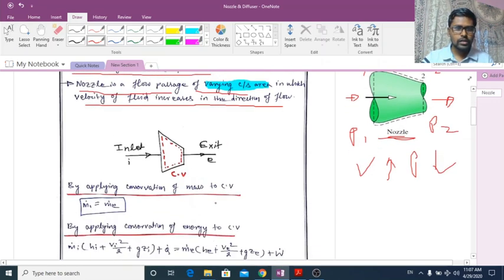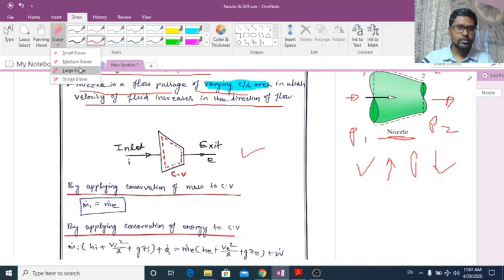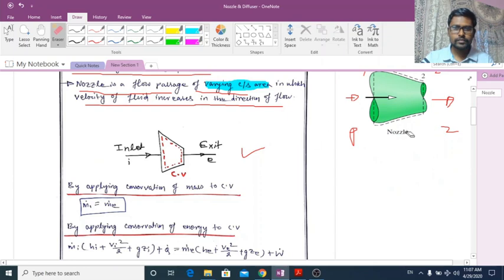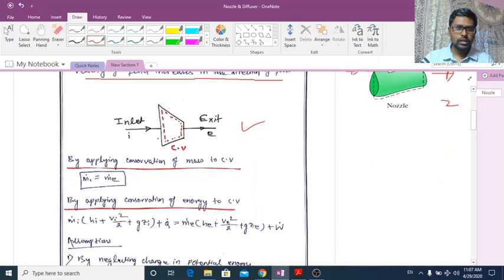So now we come to our thermodynamic analysis of this nozzle. Here this is a nozzle, this is its inlet, this is its exit.